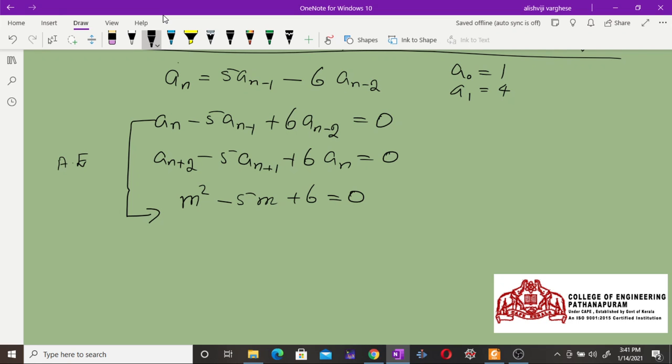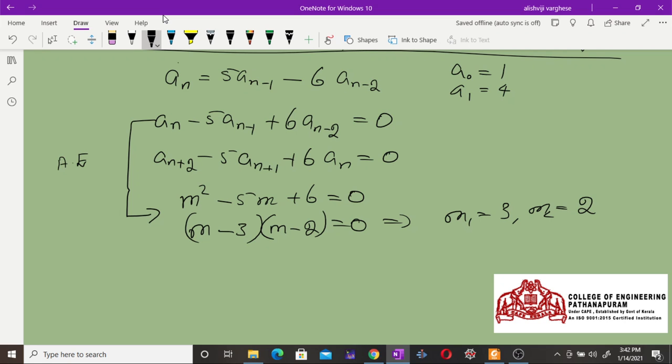Anyhow, the first step, we have to solve the auxiliary equation for different values of m, and here this second degree polynomial expression is factorizable, and it is (m minus 3) into (m minus 2) is equal to 0, which gives the roots m1 is equal to 3 and m2 is equal to 2.